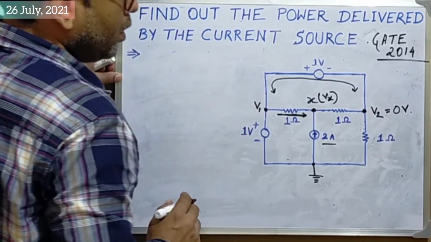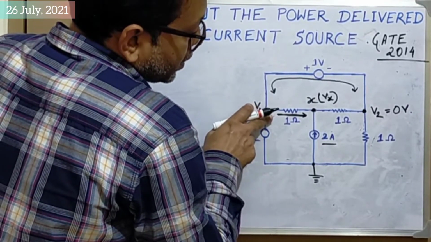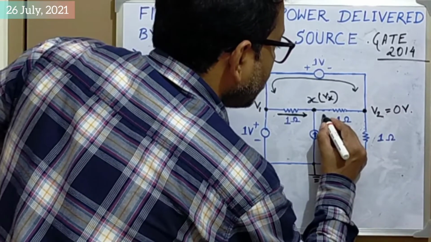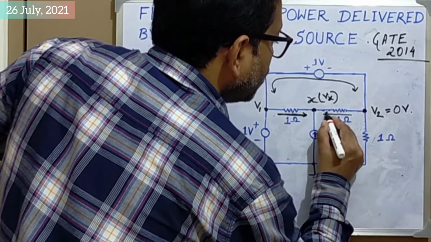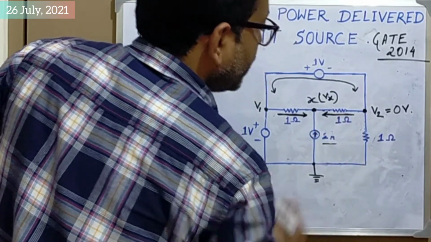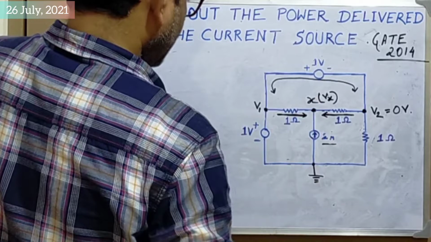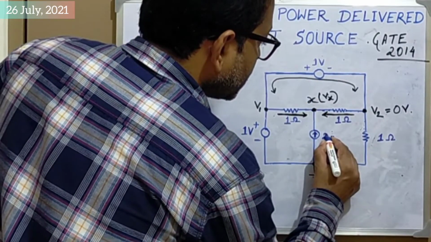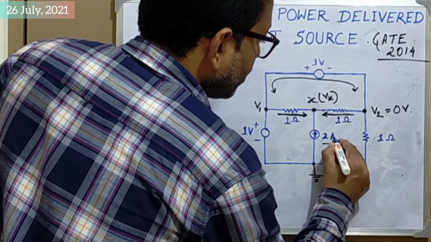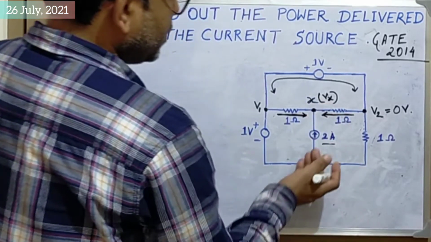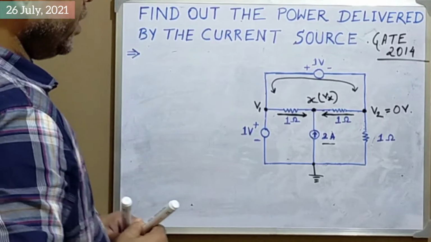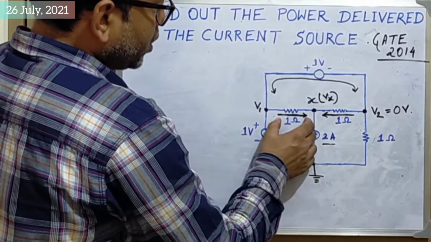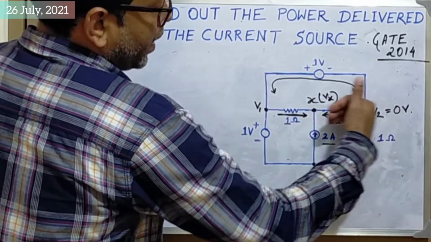So better we will consider that currents are entering. Similarly, from this particular node, let's consider current is also entering the X node. Same thing. And here the direction is given, that is 2 ampere current is entering the X node. So no problem with this direction. It has already been given here. But in case of these two branches, we have considered currents are entering.